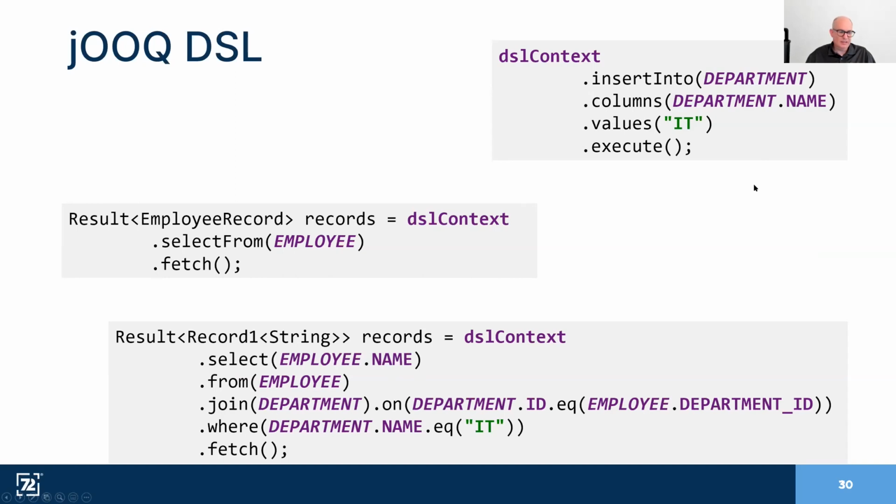And now everything is type safe. So you can only write valid SQL, first of all, because of the jOOQ DSL, and you can only use types and names of the database that are there, because you generate the Metamodel from the database with every build. And if you change the database, it will also change this Metamodel.